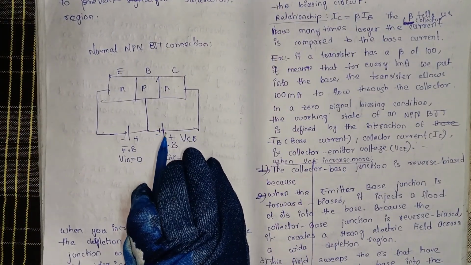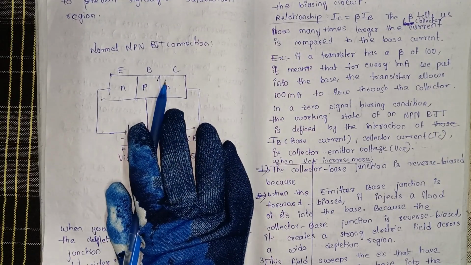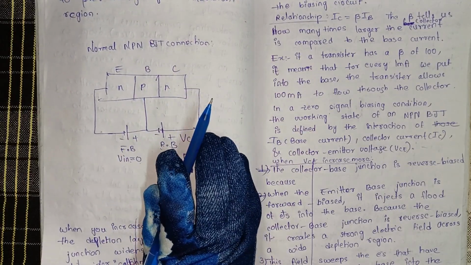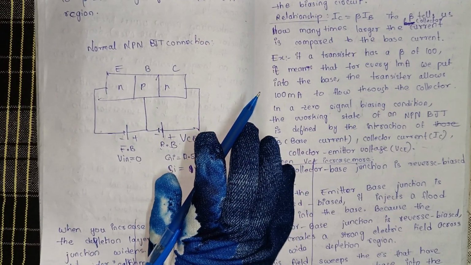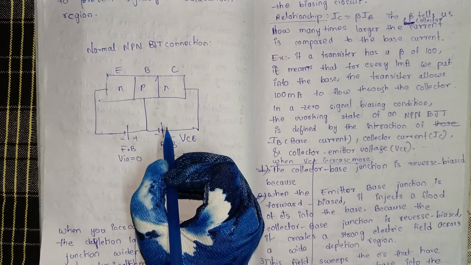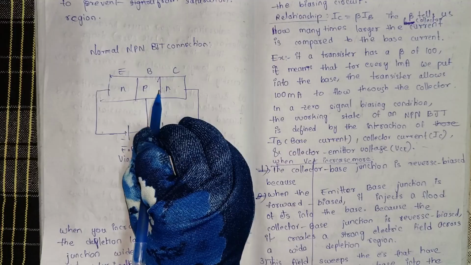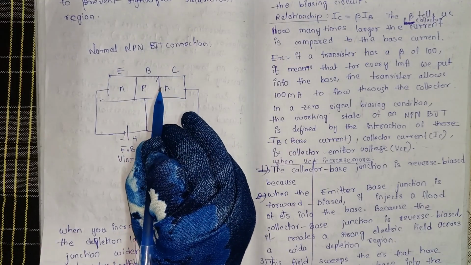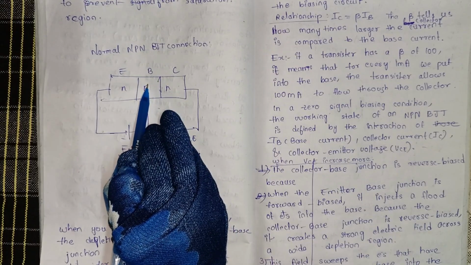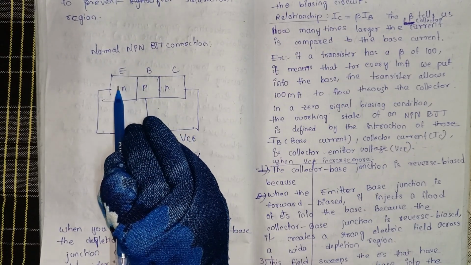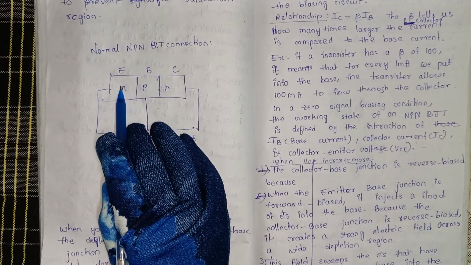Here the collector-base junction is initially reverse biased, so it creates an electric field at the depletion layer. That attracts the electrons gathered at the base from the emitter, because the emitter-base junction is forward biased.